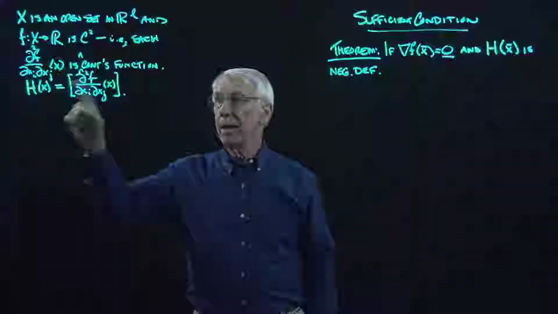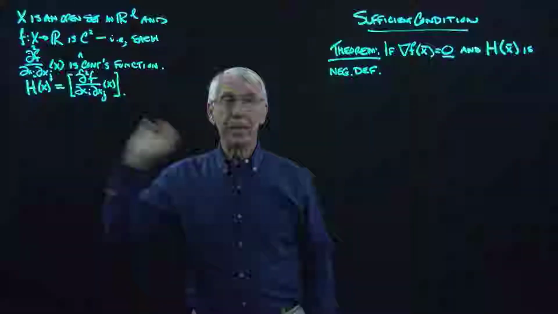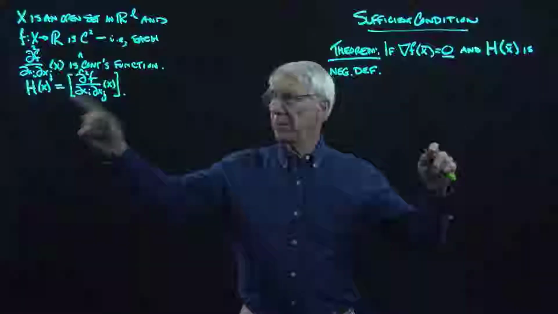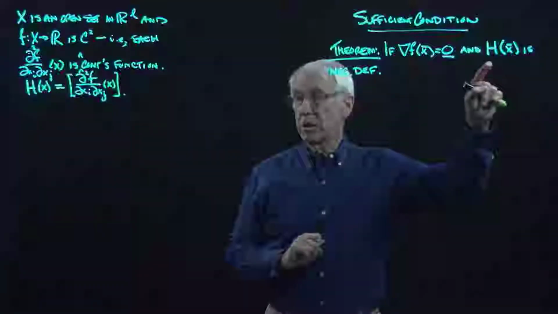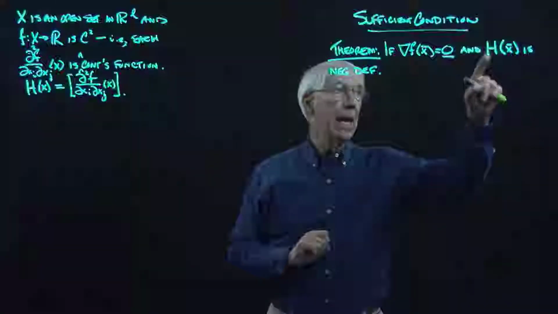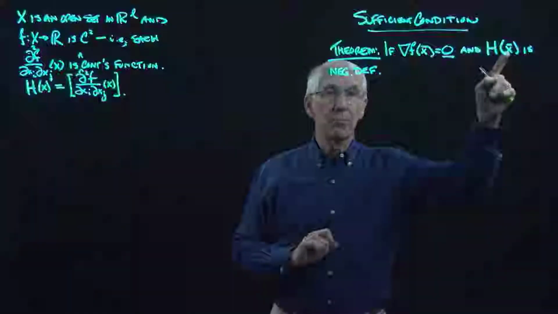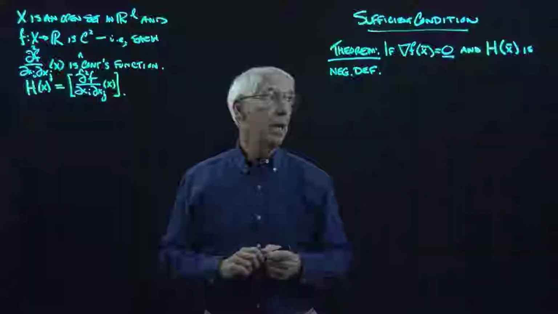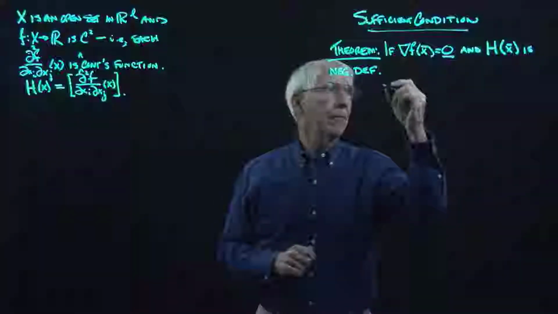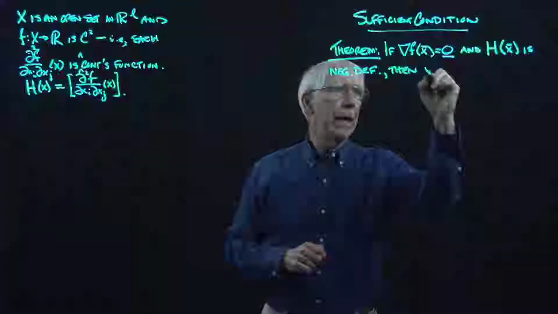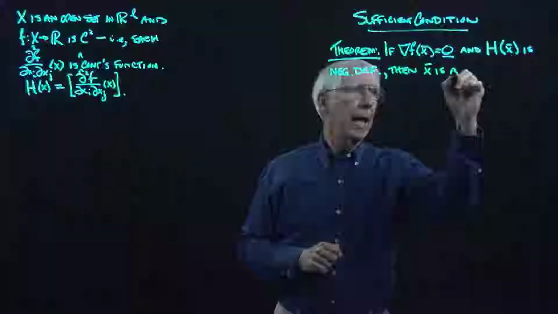So for any x, this is a symmetric matrix. And so we're saying that this symmetric matrix, the Hessian, the matrix of second partial derivatives of f, at x bar has got to be negative definite. So if it's negative definite, then x bar is a local minimum.